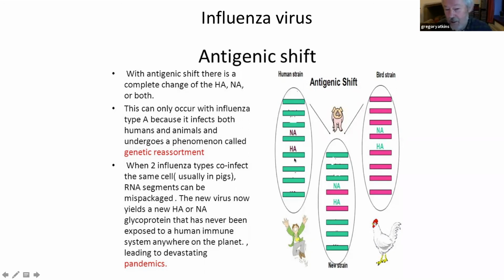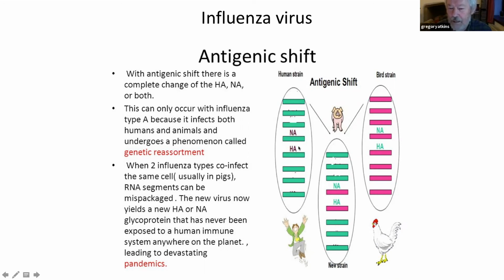The RNA isn't just in one piece, it's in 8 different pieces in the virus particle. And each of these codes for a different protein. In particular, 2 of the segments code for the 2 spike proteins which induce immunity.